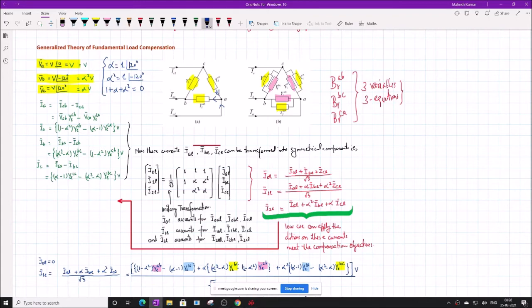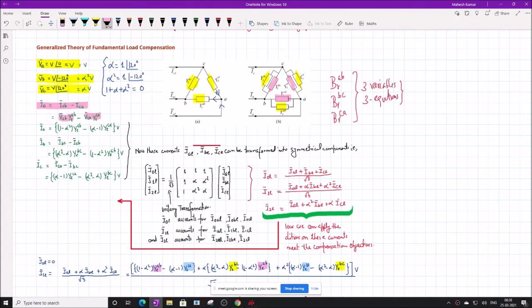Then substitute the value of IAB in terms of VAB and YLAB. So IAB is nothing but VAB into YLAB, and ICA is VCA into YLCA.